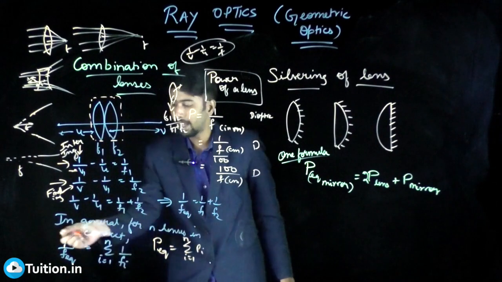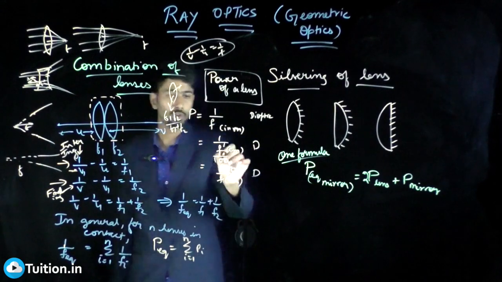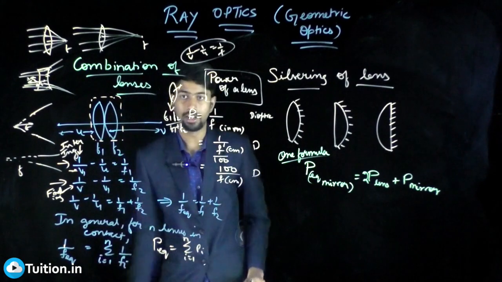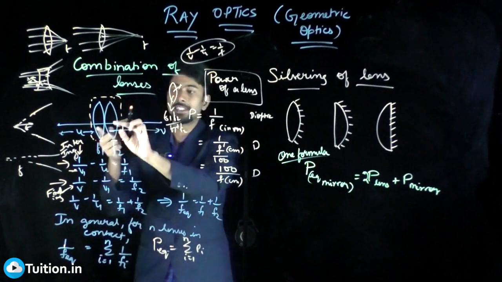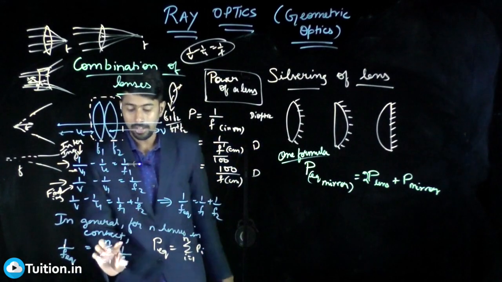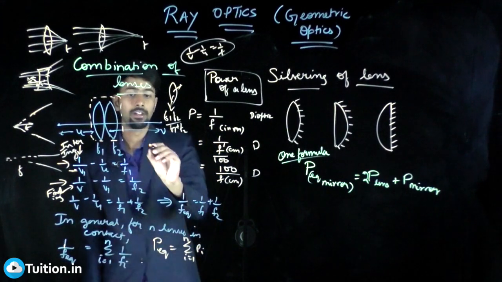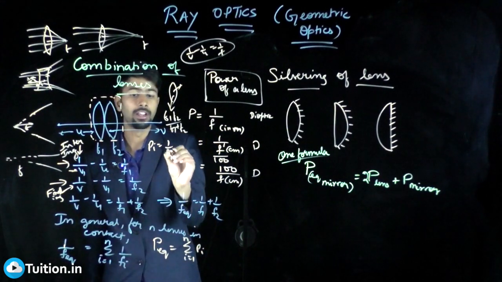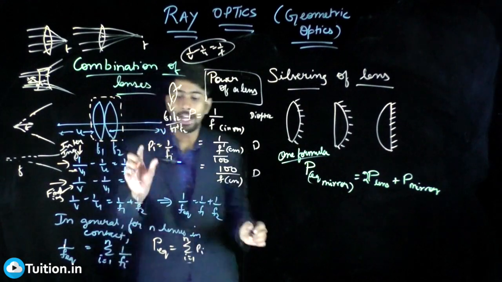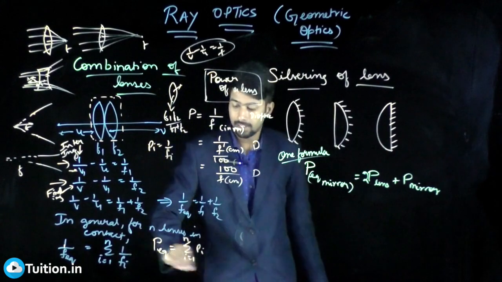Nothing different. 1 by f equivalent is the equivalent power of the lens that will replace this combination, because power is 1 by f, right? And 1 by fi will be pi basically, where i runs from 1 to n, and you will cover all lenses when i runs from 1 to n. So this is the formula.